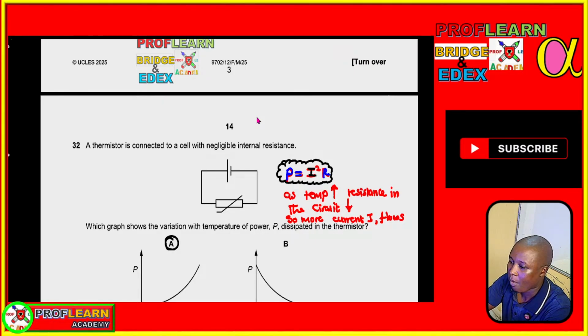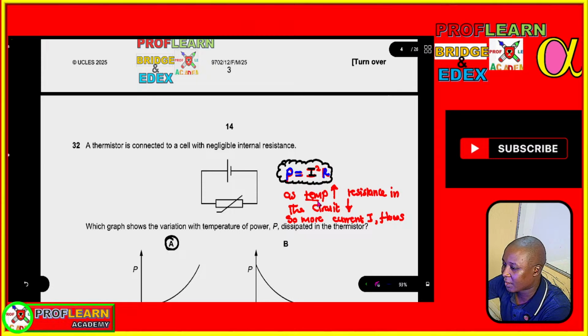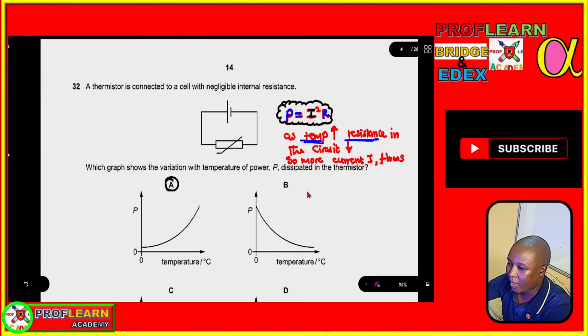in the thermistor. But we know as temperature increases, resistance of a thermistor decreases. And if resistance decreases, there will be more current flowing in this circuit. If there is more current, we need to remember that power dissipated is equal to P equals I squared R, which means we are going to have power increasing.